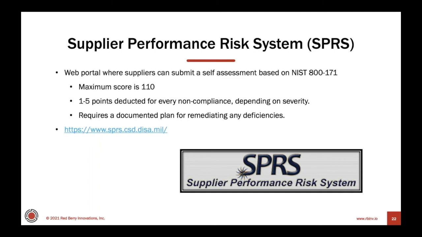Any areas of noncompliance require a documented plan for remediation of any deficiencies. The assessment uses a standard scoring methodology which reflects the net effect of NIST SP 800-171 security requirements not yet implemented by a contractor, and 3 assessment levels, basic, medium, and high, which reflect the depth of the assessment performed and the associated level of confidence in the score resulting from the assessment.